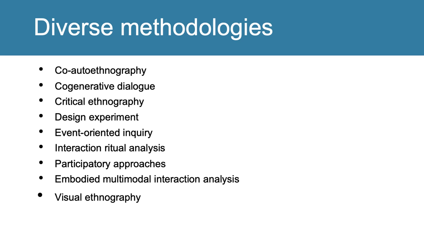Critical ethnography, as well as approaches from co-autoethnography, work together with visual ethnographic approaches, and we often draw upon participatory approaches, including co-generative dialogue, co-researching, and co-writing. Much of our work in classrooms is structured as design experiments, as we work with teachers to reflectively deconstruct classroom events with the goal of reconstructing more inclusive and equitable science education practices.